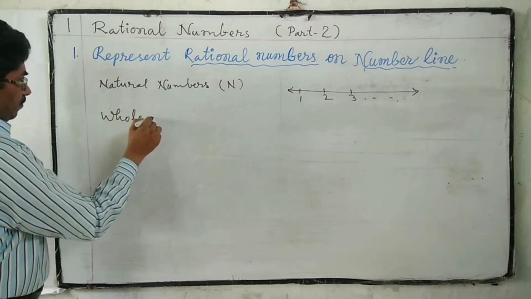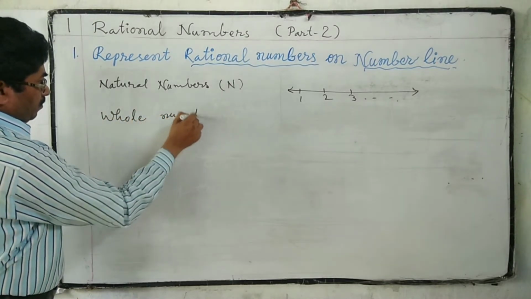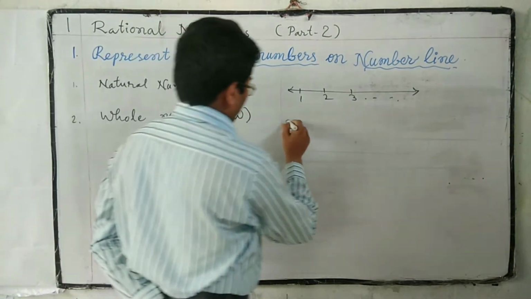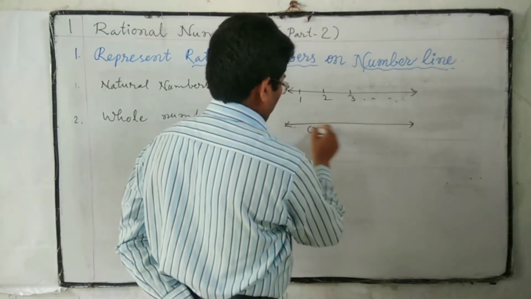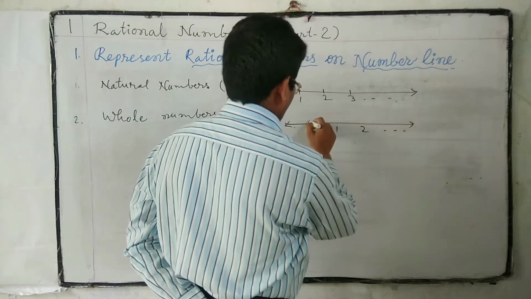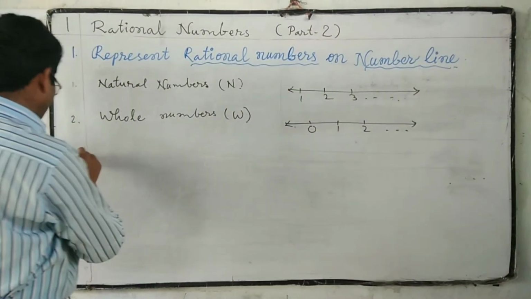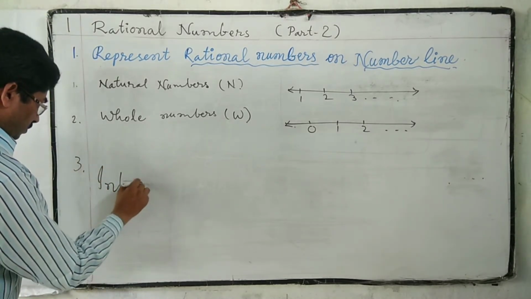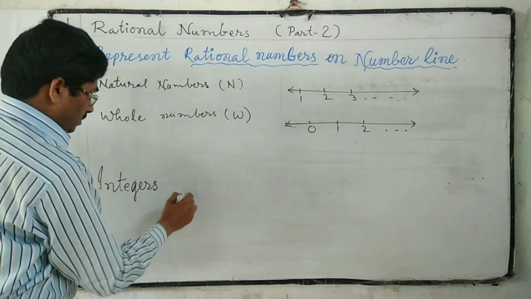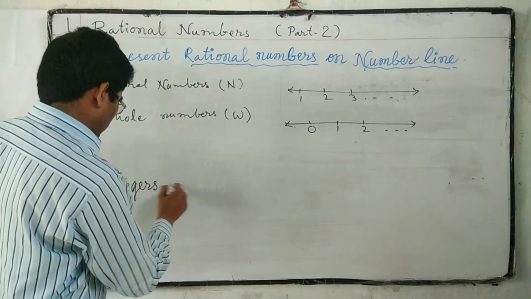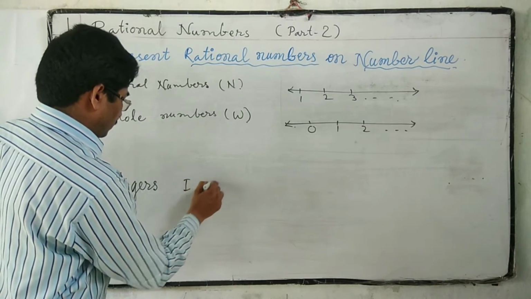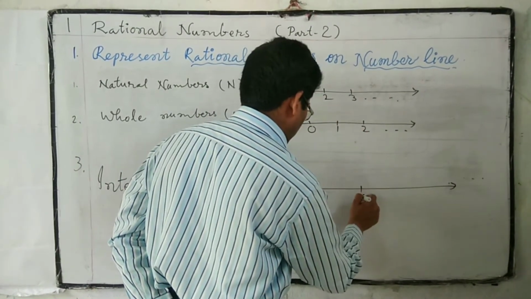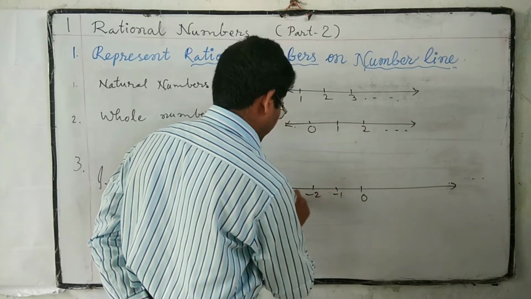Whole numbers, W, on number line. Integers, I or Z, on number line, with -1, -2 on the left side.